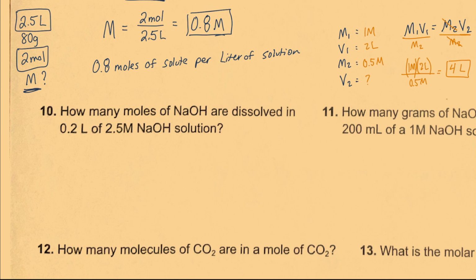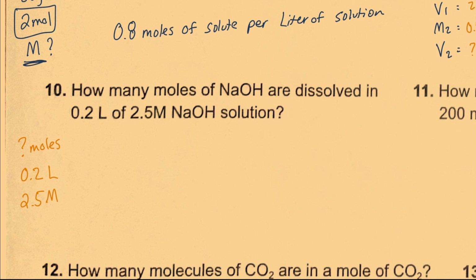All right, here we go. I am trying to figure out how many moles. I know that I have a solution that is 0.2 liters, and I also know the molarity is 2.5 molar.